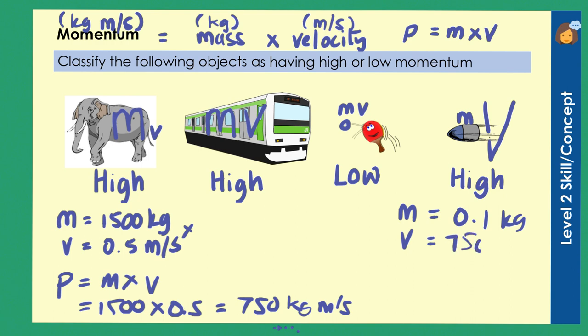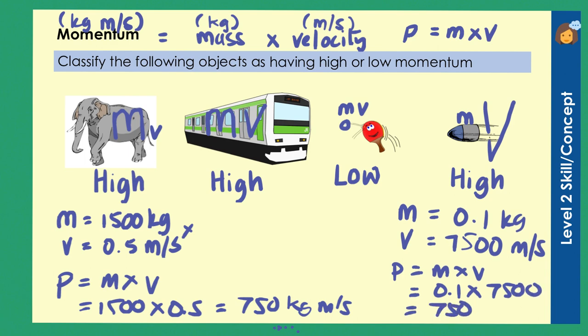We can just make up a number, 7,500 meters per second. And then we can calculate momentum, okay? M times V, P. So we have 0.1 times 7,500, 750 kilograms meters per second, okay?